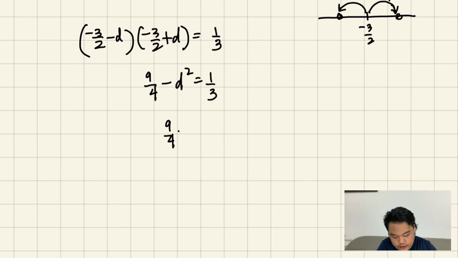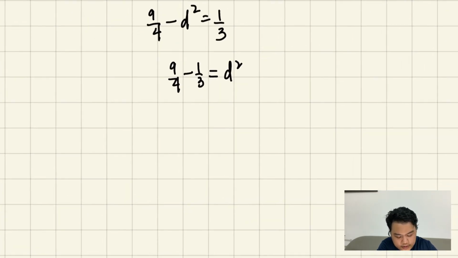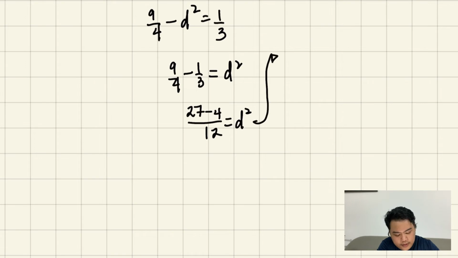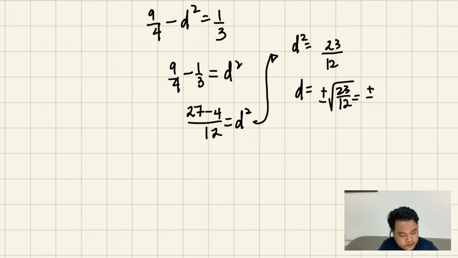So, 9/4 minus 1/3 is, ano bang lalabas dito? D square. You get 27 minus 4/12. Kaya naman, meron tayong d square is 23/12 or d plus minus square root, which is plus minus square root ng 23 over, this is 2 square root of 3, no?